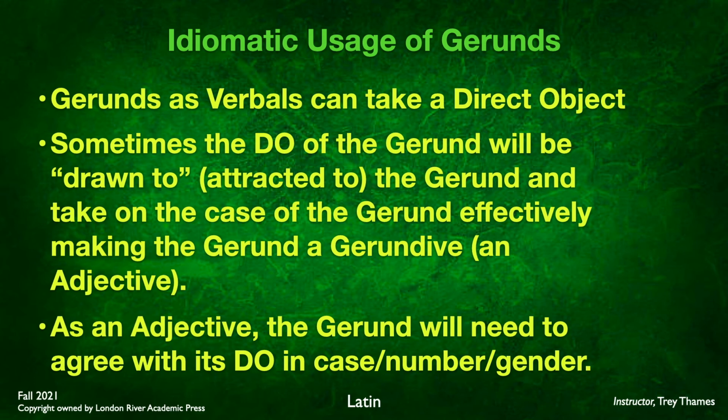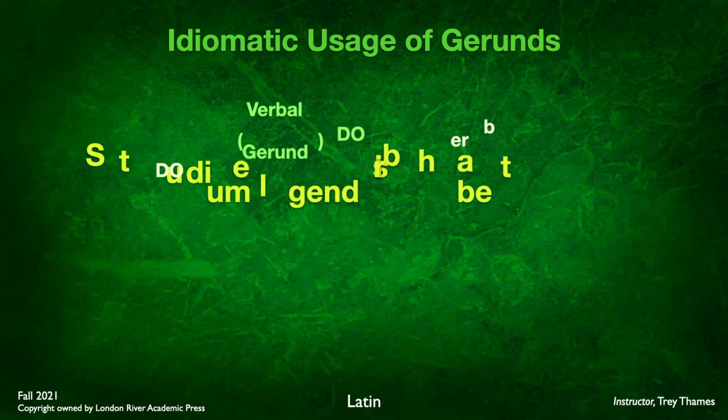And here's what that means: because now it's an adjective modifying its own object, it has to agree with that direct object in case, number, and gender. So it's got to change if need be. Generally, the number will need to be changed to accommodate.